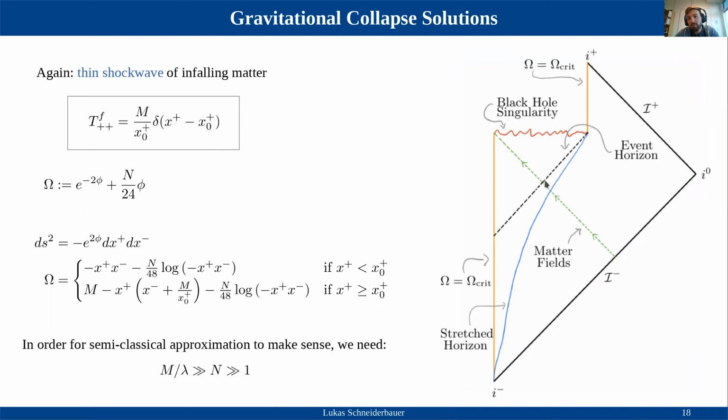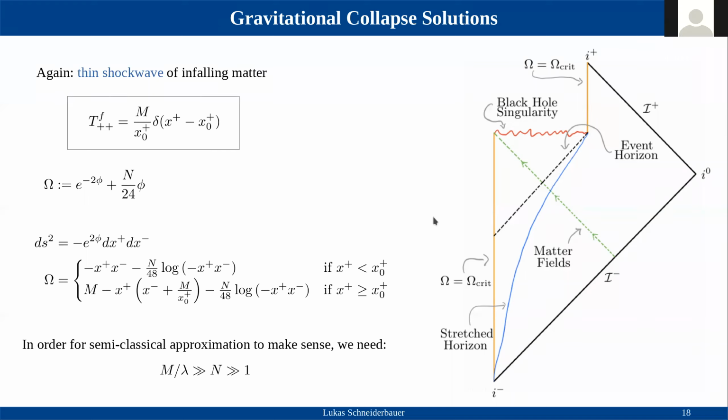At some point, even if we start with a large black hole where the quantum corrections are small, we will eventually run into a region where the quantum corrections become strong, and where this model is not trustable anymore. So there will be some region here which doesn't tell us a lot. This model will give us an answer, but it's not an answer we should trust, I would say.